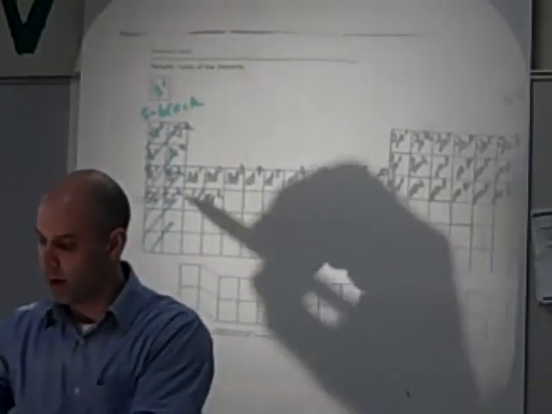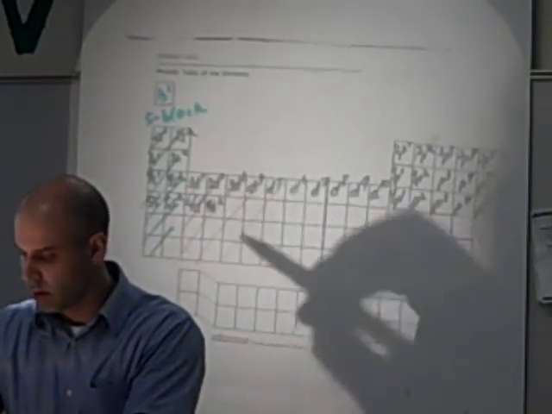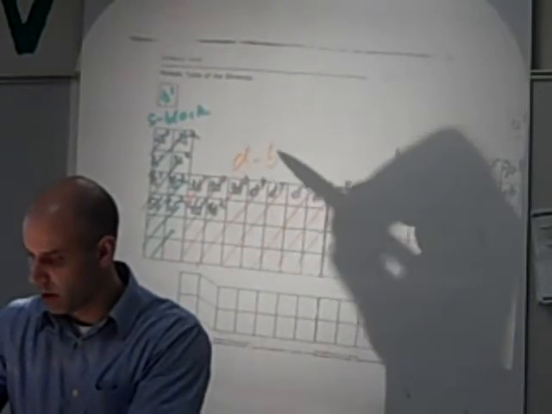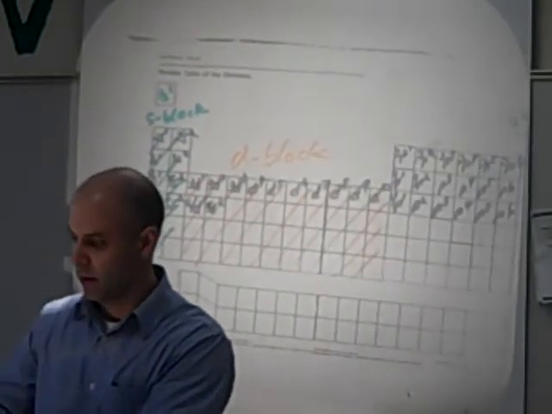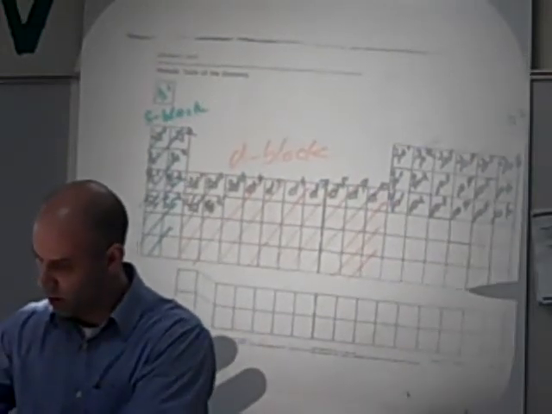In the middle, where we have the transitions, that's called the d block. And then here, we've got the p block.